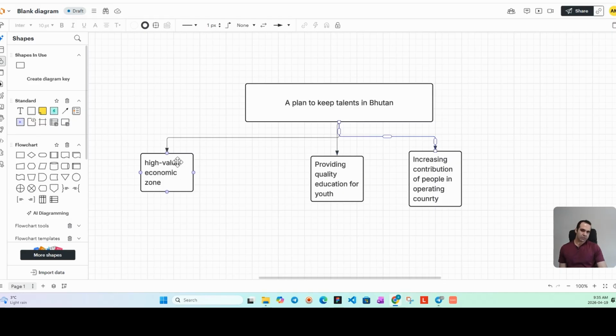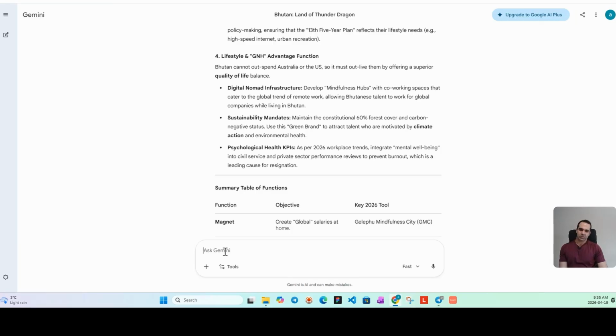We need a market, we need a boost in the economy, we also need education, and we need increasing contribution of people in managing the country. So let's focus on these three functions. Let's come back to Gemini.